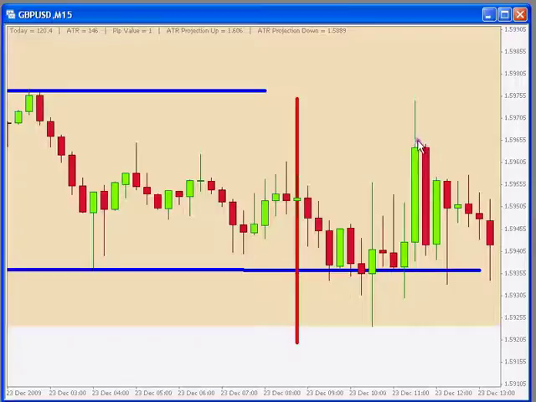You see that long red bar there, that's what we wanted to see at the breakout point. We want to see this massive bar breaking through the Tokyo bands, signifying that the London session is going to be an active session, a momentum-filled London session.